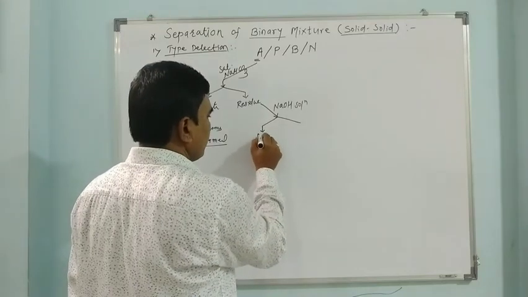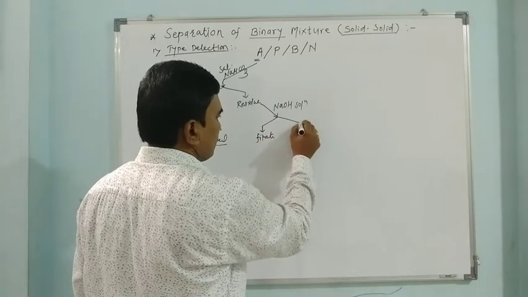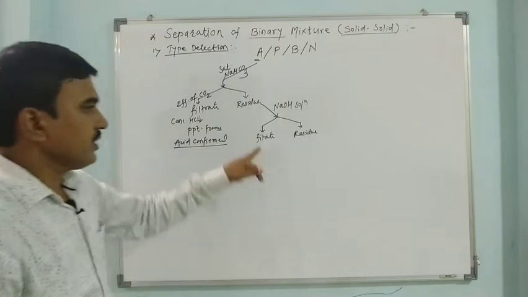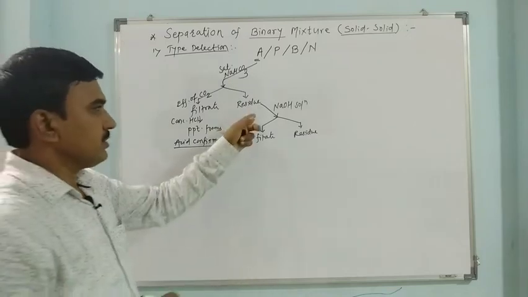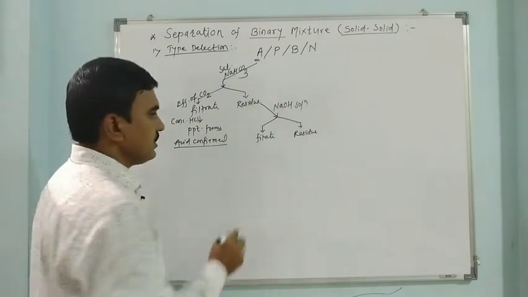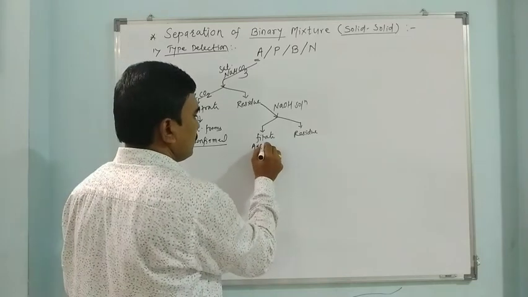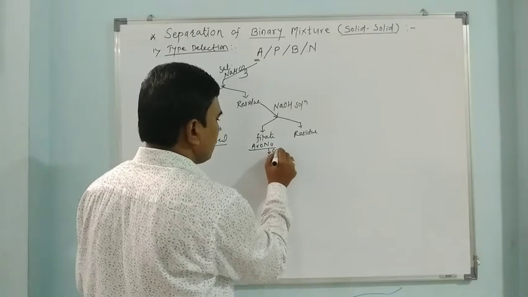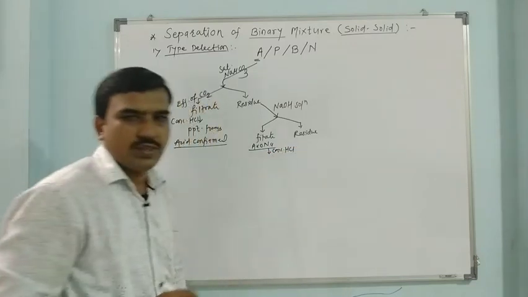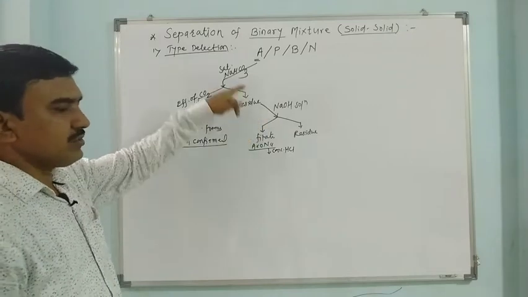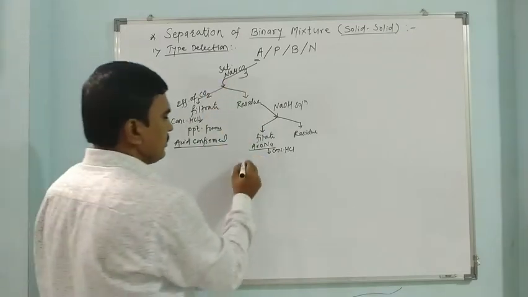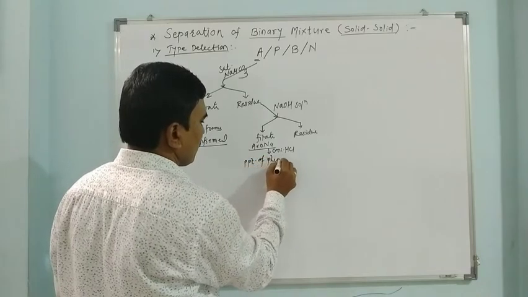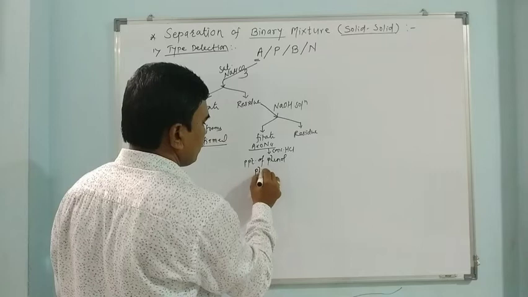Then we filter it, and again we get a filtrate and a residue. Now this filtrate contains phenol because it has formed a salt, ArONa, that is sodium phenoxide. It can be decomposed by adding concentrated HCl again. Because these are acidic in nature, I have to use a strong acid for the decomposition of the salt. So here we get a precipitate of phenol, which indicates phenol is confirmed.